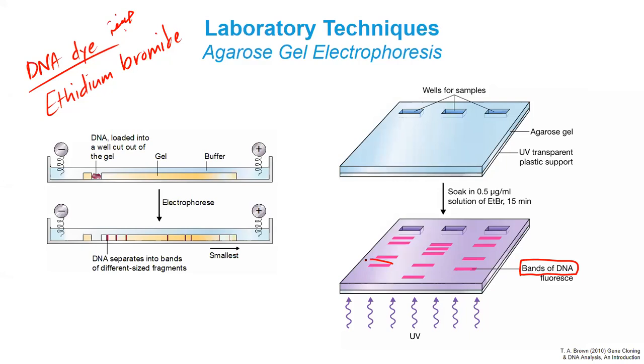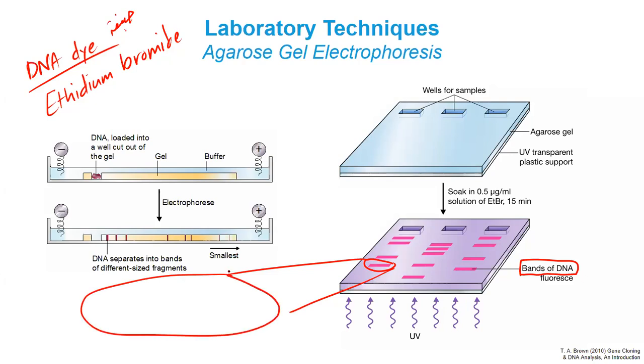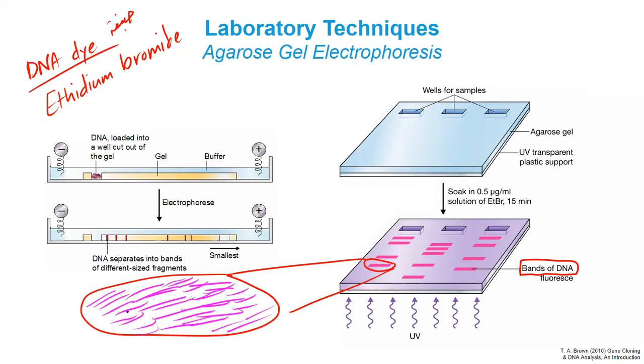So if we zoom in into one of the bands like this, what you will see is millions of DNA fragments of the same size. So all fragments in this DNA band have the same size.